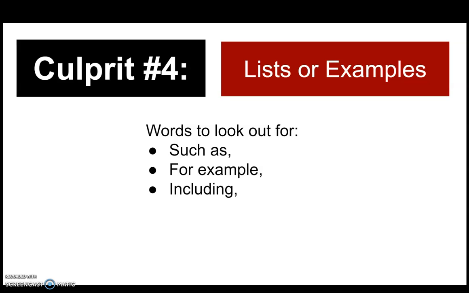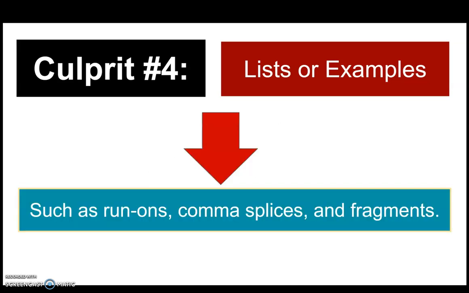So another type of culprit for creating fragments are set up with lists or examples. So words to look out for, such as, for example, or including. So here's what one of these kinds of fragments looks like: such as run-ons, comma splices, and fragments.